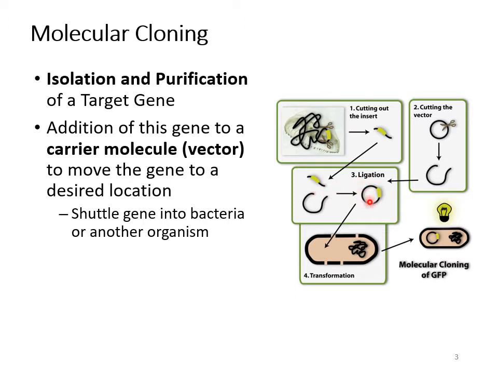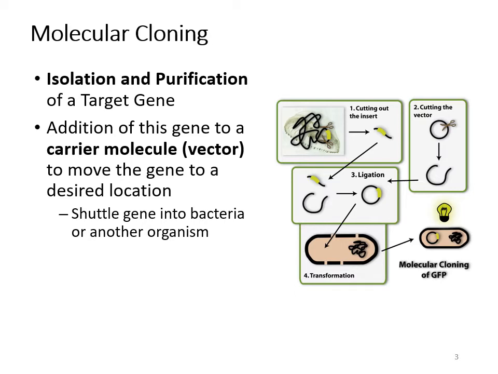Once you have that DNA ligated, what can you then do? Well, now you could do transformation. And what's transformation? That's basically getting bacteria to take in that new plasmid, that vector, that has your target gene in it.